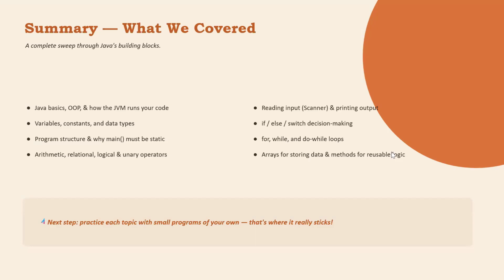What will happen if I skip the static or if I'm not writing it as public? Or instead of void, if I write int or String or any other data type, what will happen? So you write a program, make these changes, and then execute it and see what is happening.